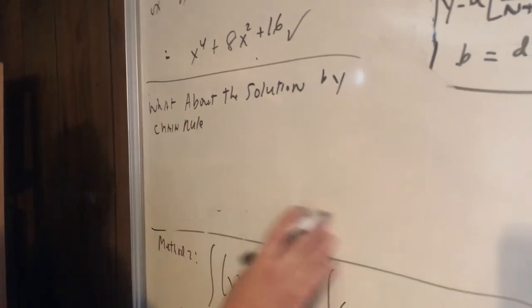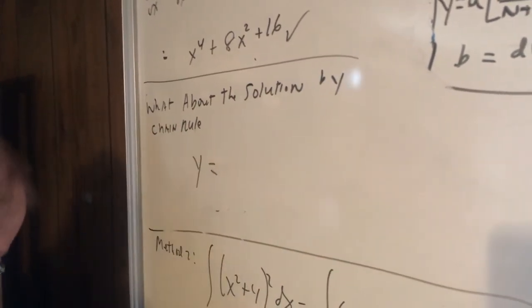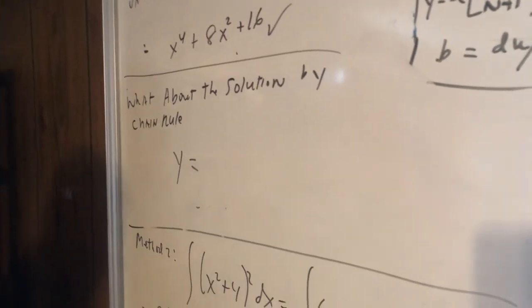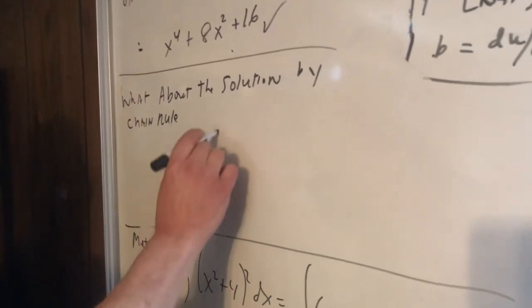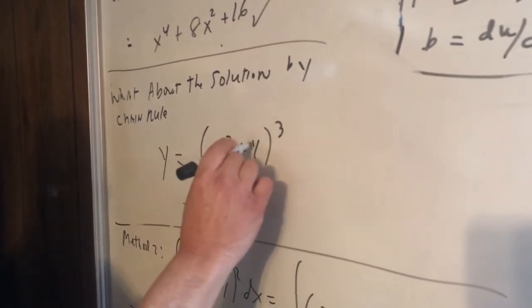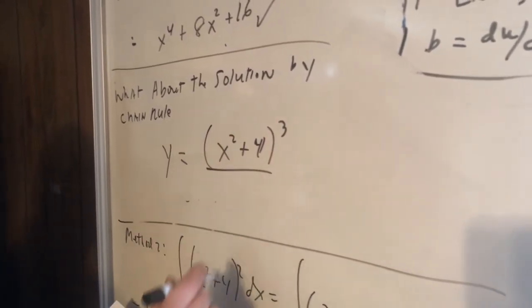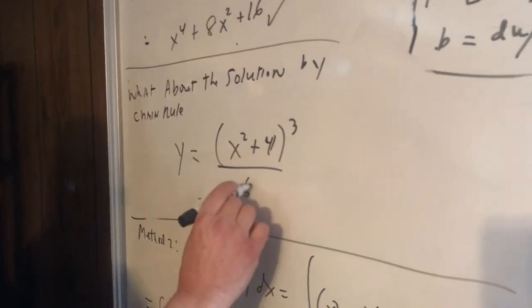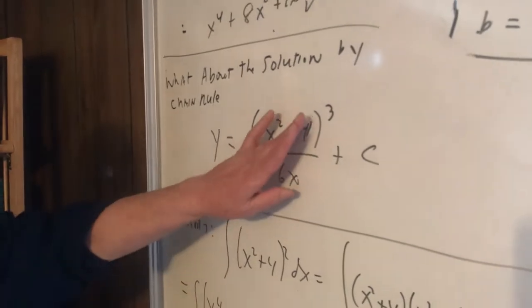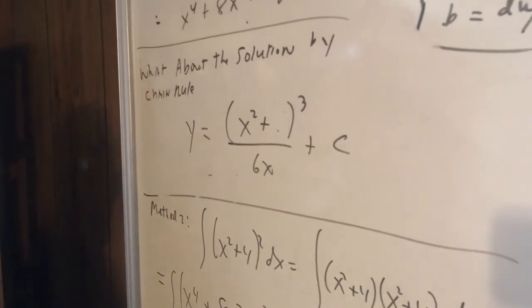And you remember what I got for that? Let me go and scare it up again. I got (x squared plus 4) to the third over 6x plus c. Well, this doesn't look like this, but still I don't know.